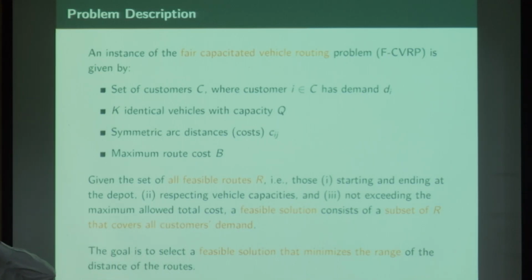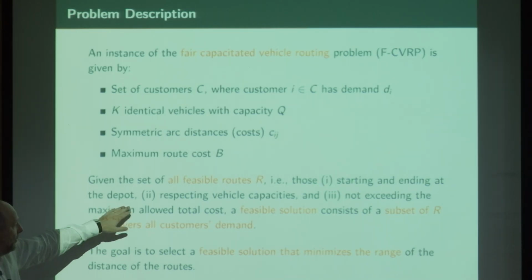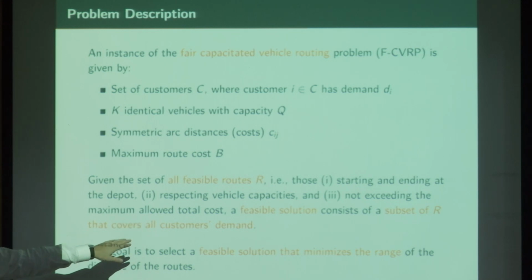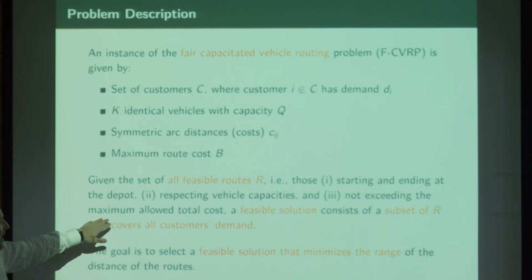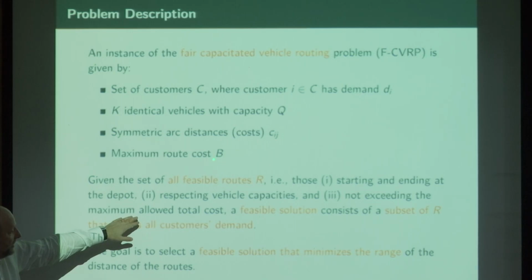My efficiency component is included into B, into this constraint over the maximum route cost. I can do it in multiple ways. In this particular case, we're saying that the routes cannot be longer than a certain amount. So now what I want is that, among all the possible routes, capital R, that are starting and ending at the depot, that are respecting vehicle capacity, and are not exceeding the maximum allowed total cost here.